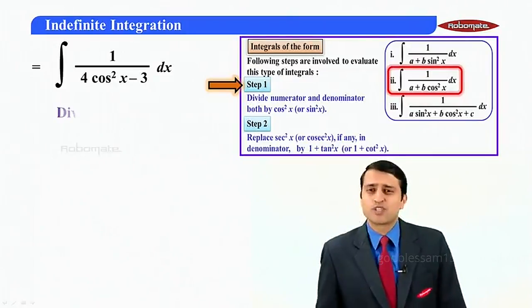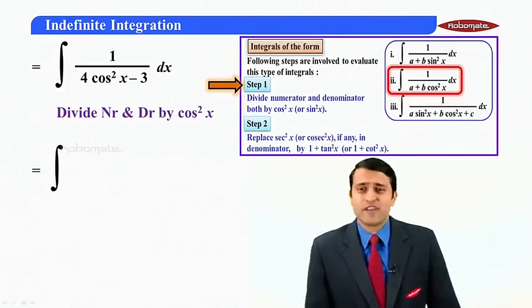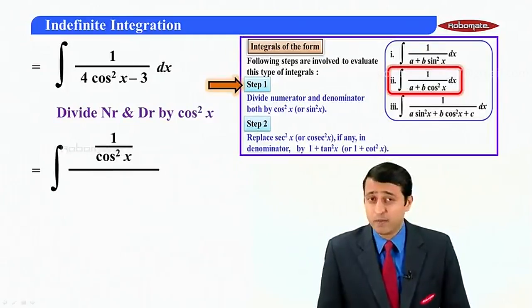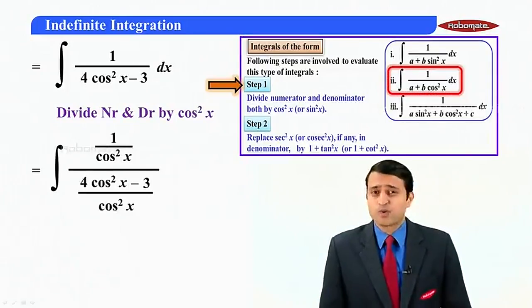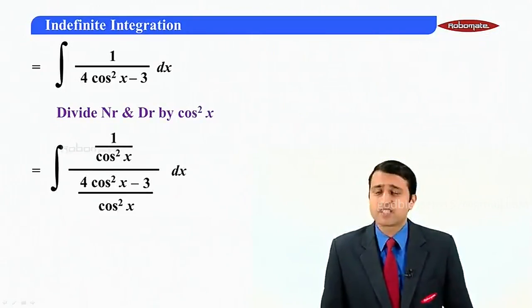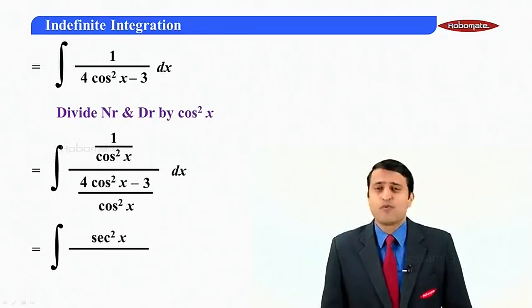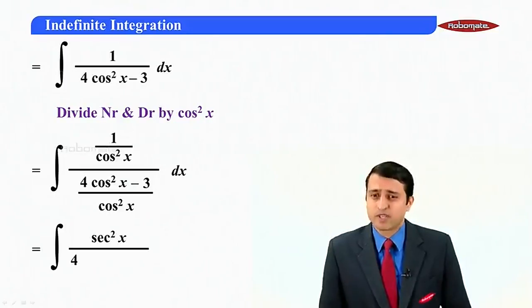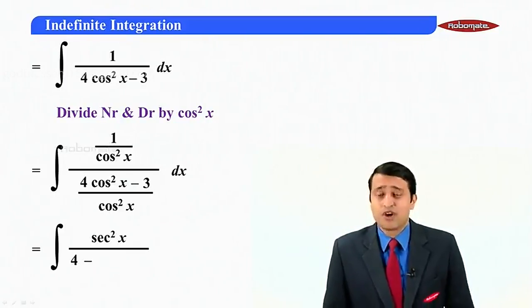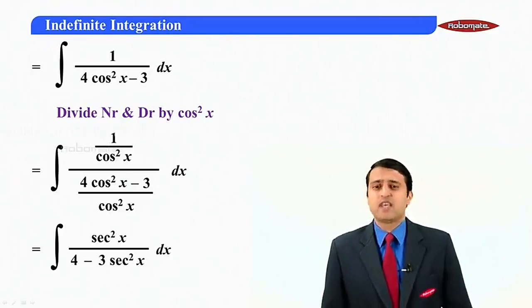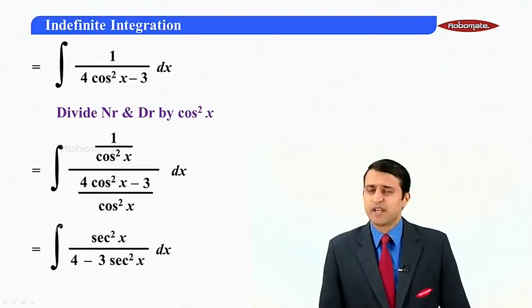So what we are supposed to do is divide by cos square x. So when we divide by cos square x, we get 1 upon cos square x, 4 cos square x minus 3 upon cos square x dx. Now 1 upon cos square x, I'll write it as sec square x, 4 cos square x upon cos square x. So can I say 4 minus 3 sec square x dx. Is that okay, my dear students?